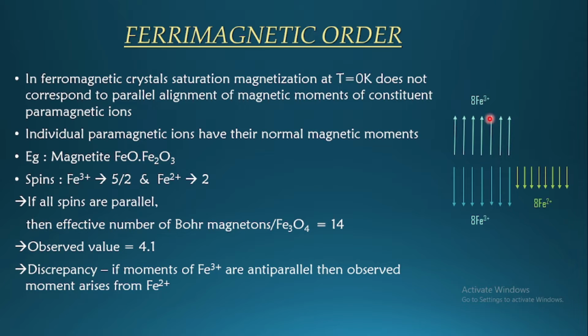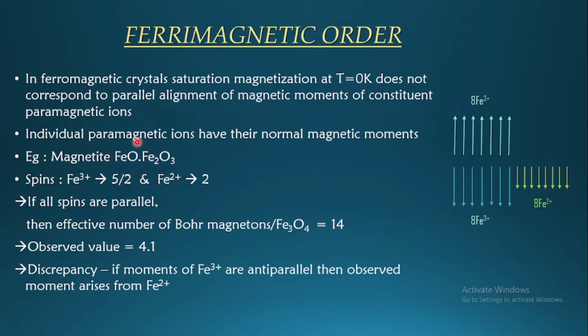And this inequality is due to only one simple reason, that is the system or the population consists of two different types of atoms or ions. So here we can observe there is Fe3+ as well as Fe2+.